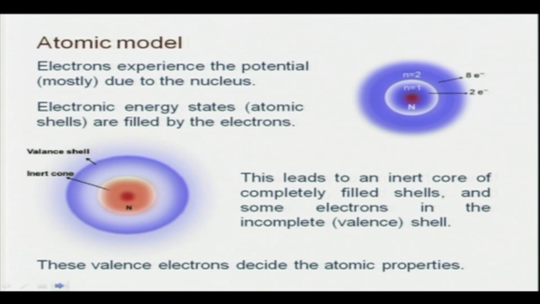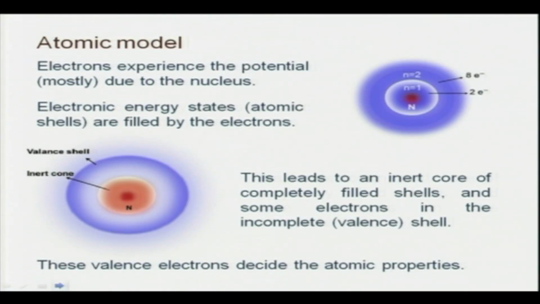And when we look at the energy states of the electrons, we can consider these energy states as shells, different shells, and label them as first shell, second shell, etc. Let us say n equal to 1, n equal to 2, n equal to 3, etc. And we can work out how many electrons can be put in each of these shells, and it turns out that n equal to 1 can take 2 electrons, and n equal to 2 can accommodate 8 electrons.